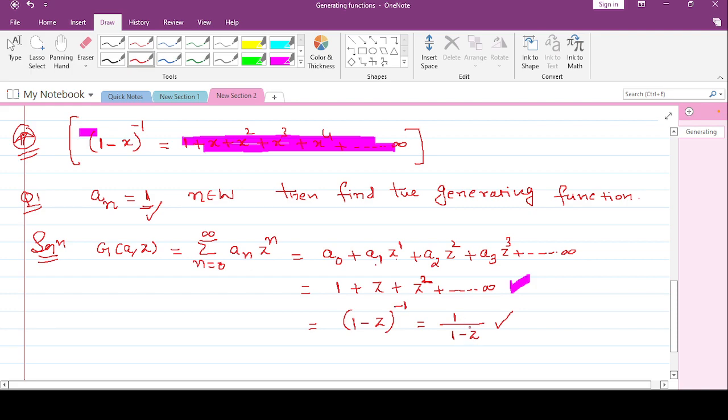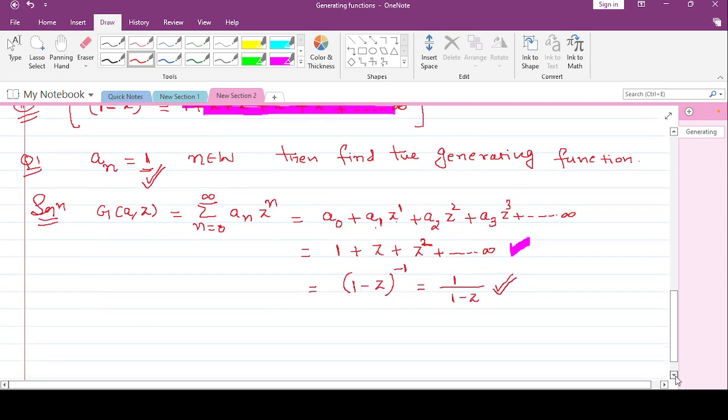But somebody can ask this question in the reverse direction also: if your generating function is this, then what is the sequence? Then you promptly answer that the sequence is 1.